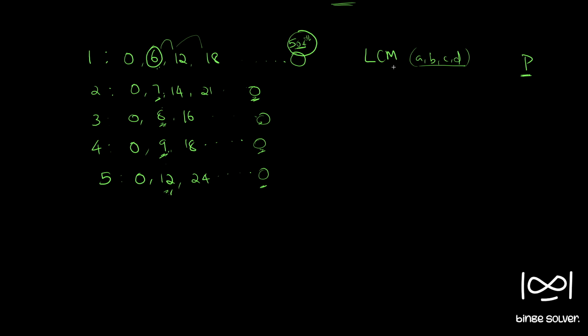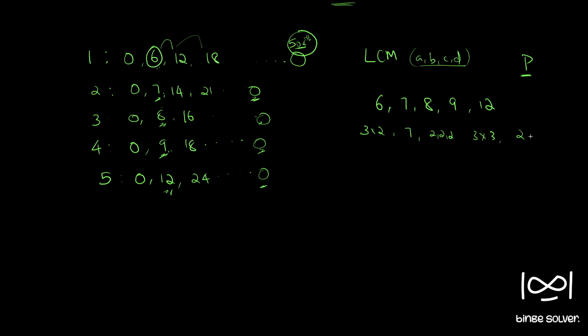So to find LCM, if you are not familiar, if you want to find the LCM of 6, 7, 8, 9, what we could do is factorize. 6 is 3 into 2. This is just 7. This is 2 into 2 into 2, and this is 3 into 3.